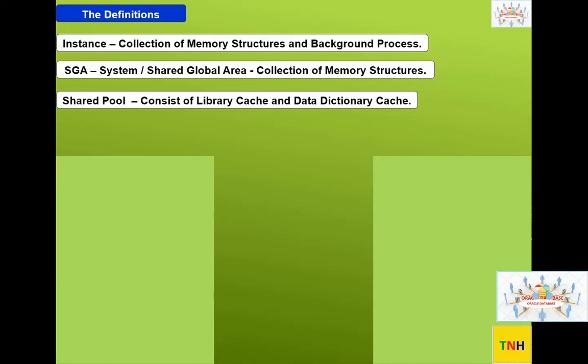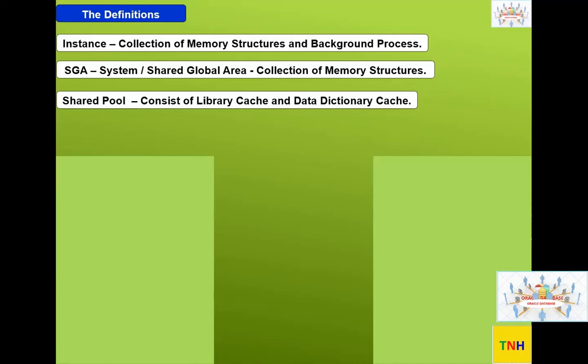When you say select item number, item name from item details table, Oracle has to know whether this item number belongs to this item details table or not. For that verification, it needs to refer to the dictionary. So instead of going to the data dictionary on the disk, Oracle looks at the data dictionary cache, which is in memory, in the System Global Area. We will work through that in more detail later, but this is the definition. So as a definition, the data dictionary cache will maintain what?